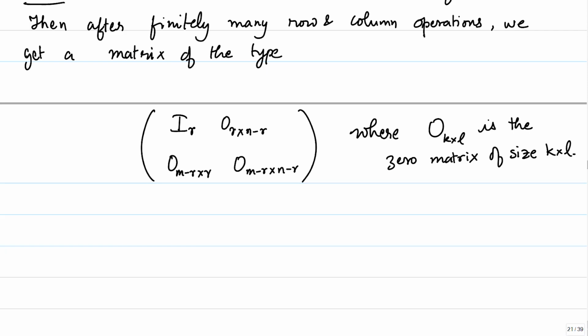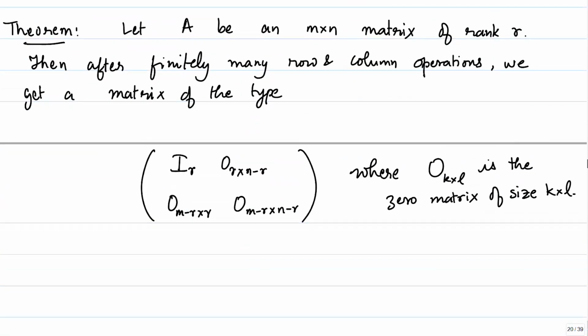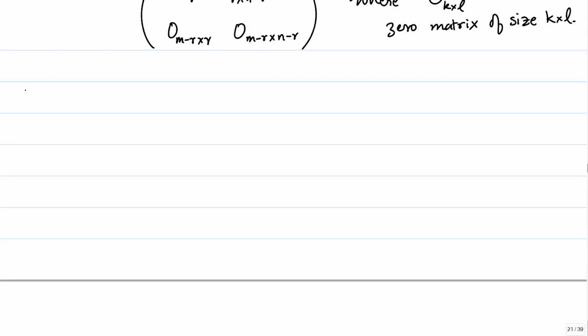So, the theorem is quite powerful in the sense that it tells us that after many row operations and column operations, if r is the rank of this matrix, we can reduce it to this particularly nice form. So, let us give a proof of this. After finitely many row operations, let us assume that our matrix is in the row echelon form with the first r rows being non-zero.